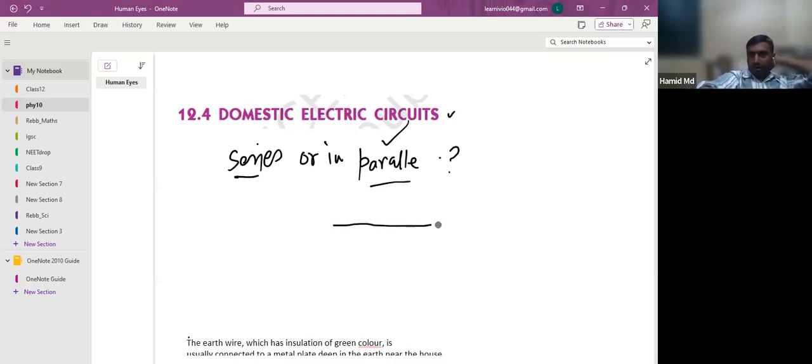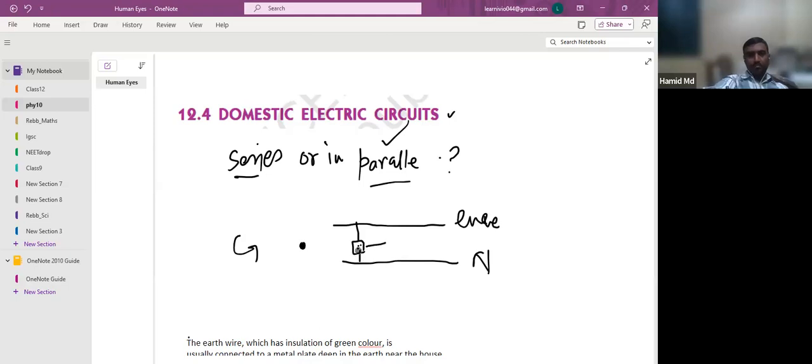So how do we do that? There will be one live wire, another neutral wire, and the third one will be the green one. We will take one wire from here and one wire from here, connect our mobile charger, and we will be happy.